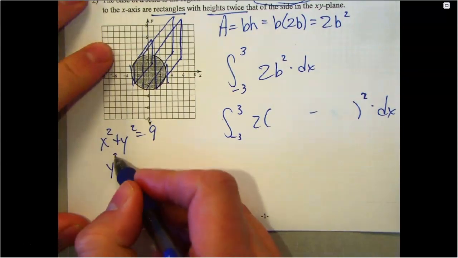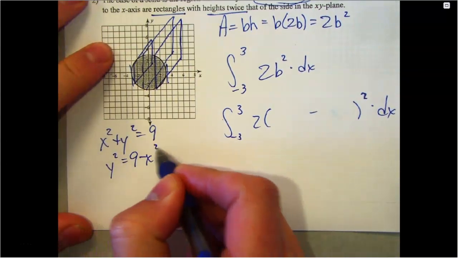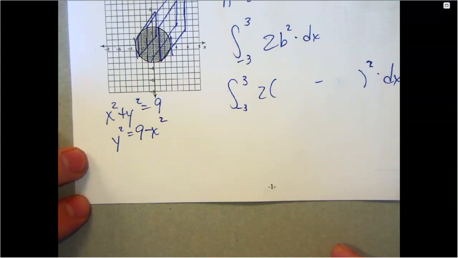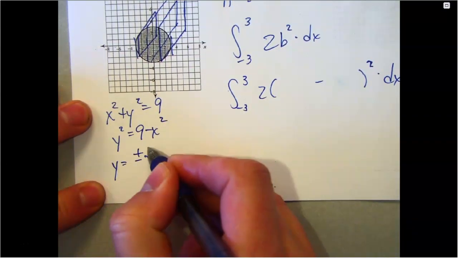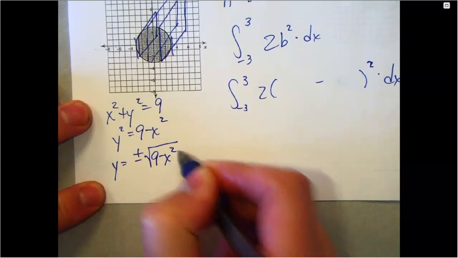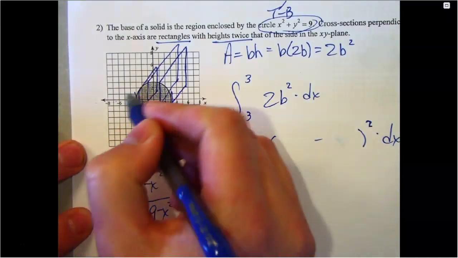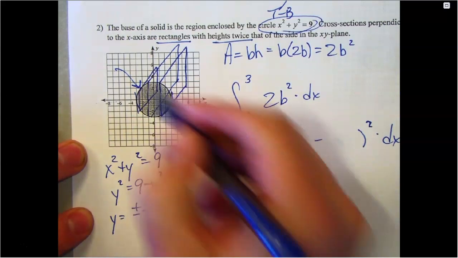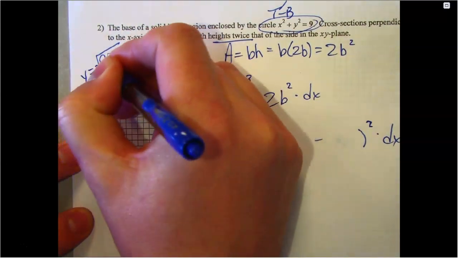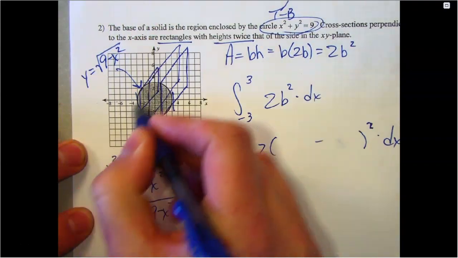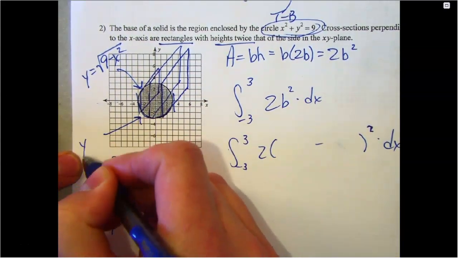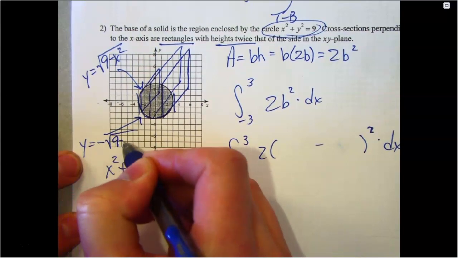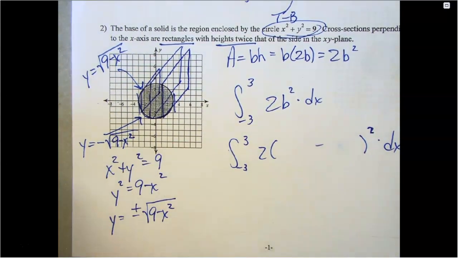So subtract x squared from both sides, and then square root both sides, and you get plus or minus the square root of 9 minus x squared. So the half circle on top is the square root of 9 minus x squared, and then this half circle on the bottom is negative the square root of 9 minus x squared.